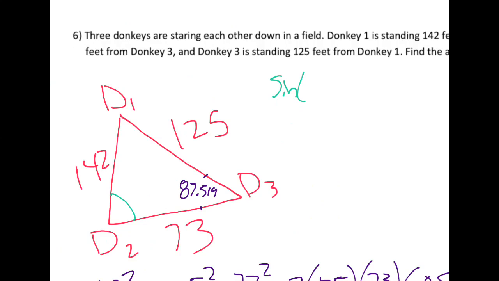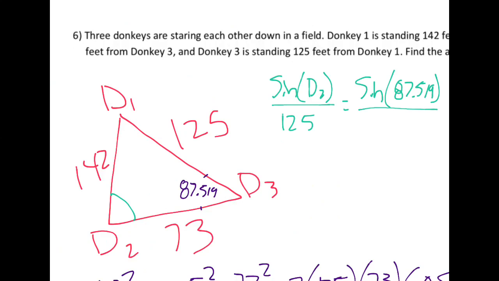The sine of D2 divided by 125 has to equal the sine of that value we found, 87.519 divided by 142.